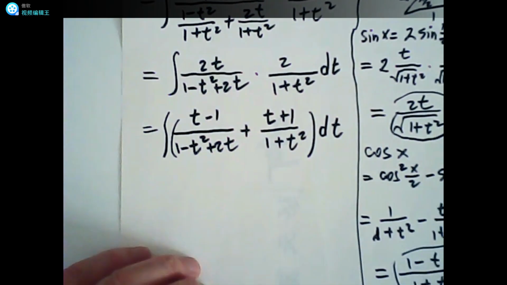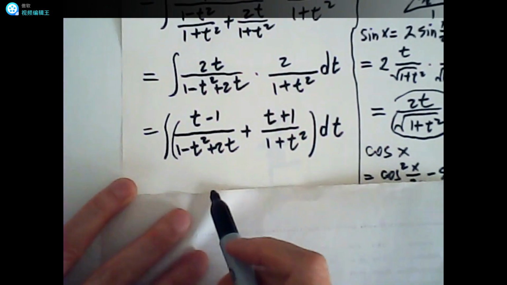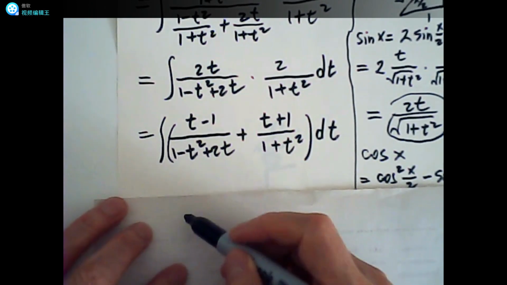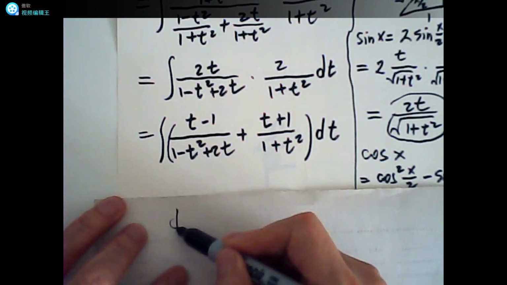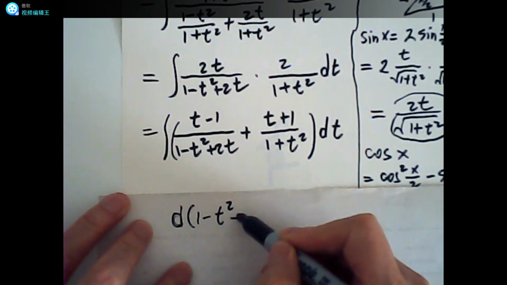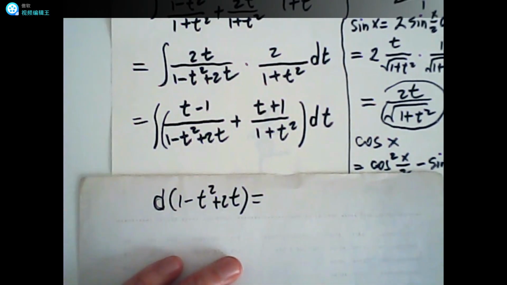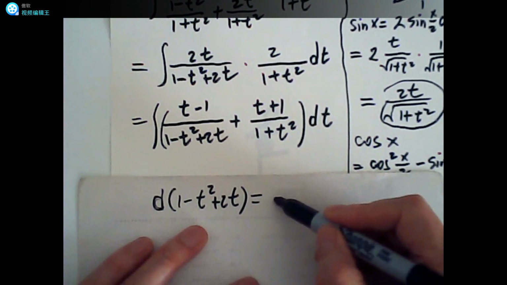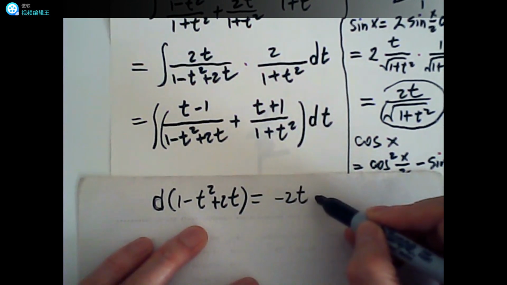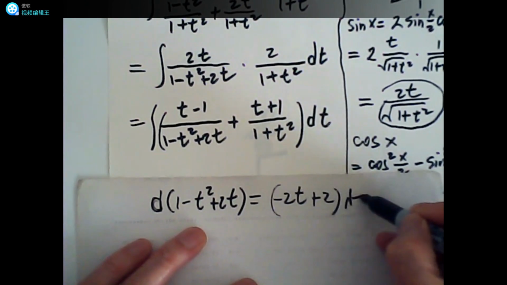Now I have this derivative. The derivative of 1 minus t squared plus 2t is equal to negative 2t plus 2 dt.